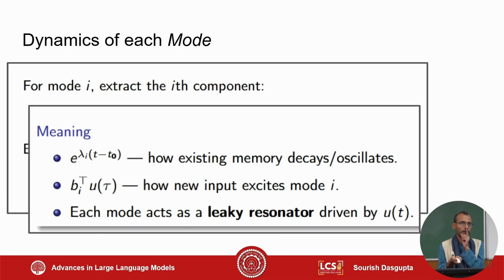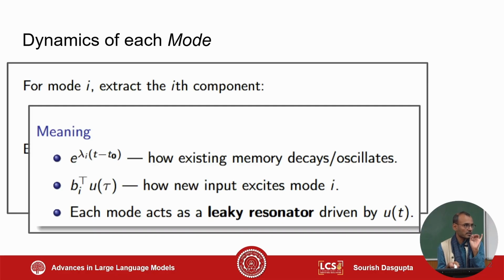Now, one important thing to understand over here is when we say U of tau, we not only mean the input at the current time step, but we also mean what all input has happened over the trajectory so far.